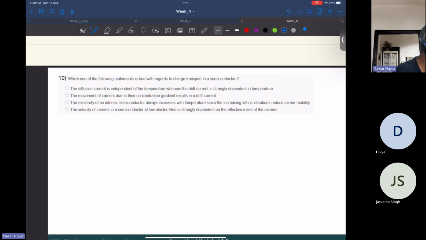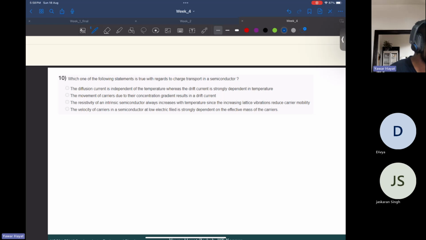The movement of the carriers, can now, I guess it was disconnected for a while.